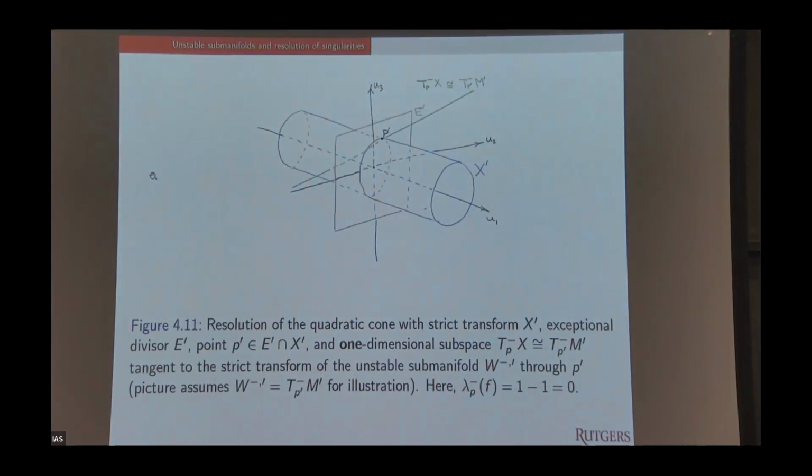All right. So here, virtual Morse-Bott index 0. And you notice that if this is the actual unstable manifold, even if you look at an open cone neighborhood of this unstable manifold, you could very well have a nearby line, if you will, passing through this point. So this is going through this kind of negative cone, but you're still intersecting this strict transform and this exceptional divisor simply at this point.